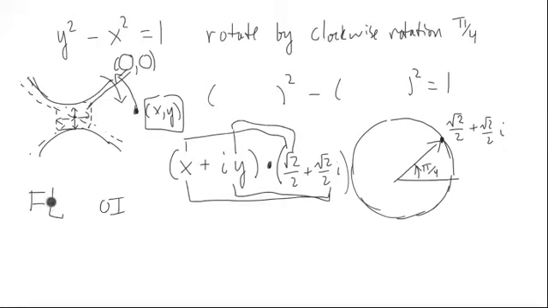So for the real part, the real part is going to be that right there. And that's what we're going to plug into the x value, because that's the first coordinate.